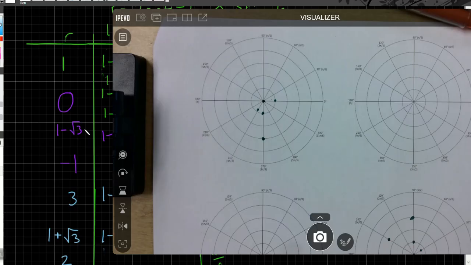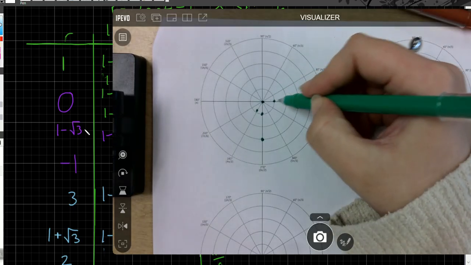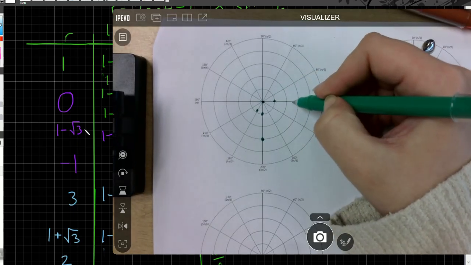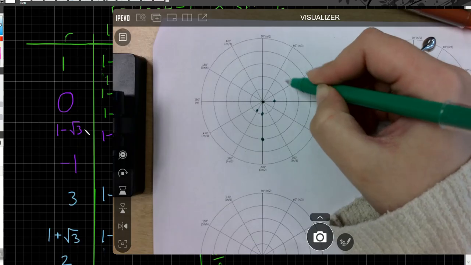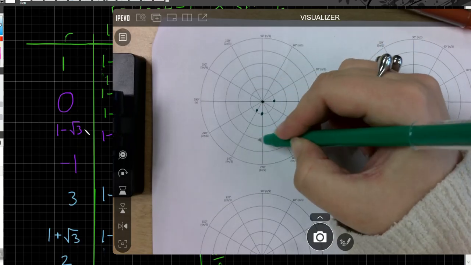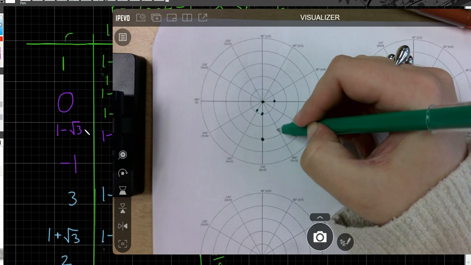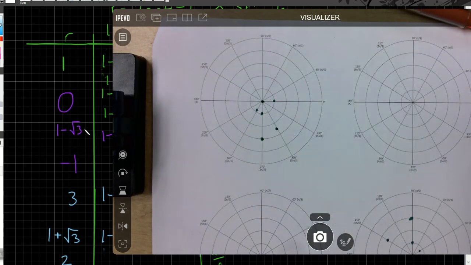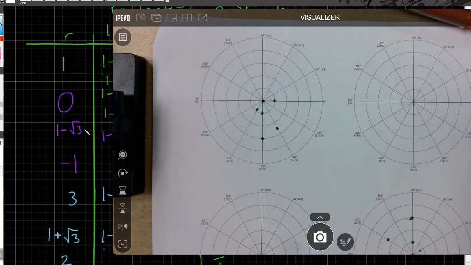Okay, next one, 1 plus square root of 3. So I'm at 2.73. Yep, and my radians was 5pi/3. So up, down, and about right there. Should have been that point right there.